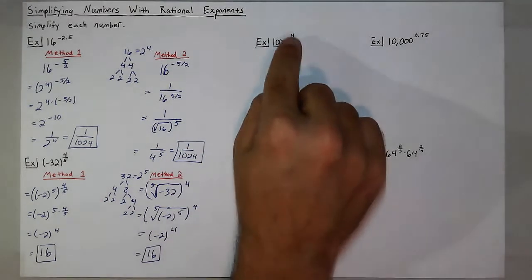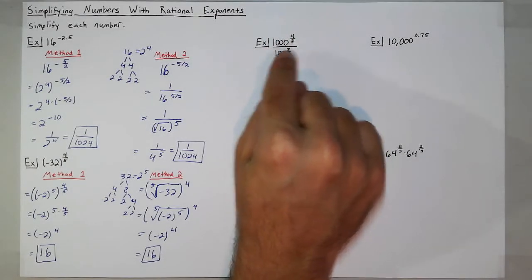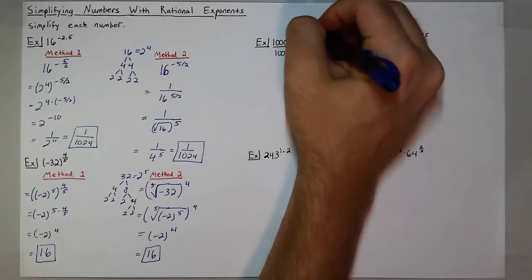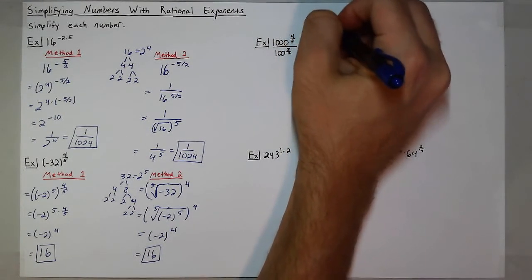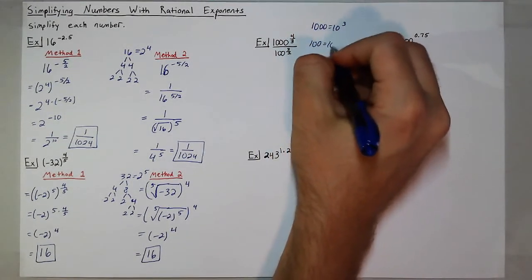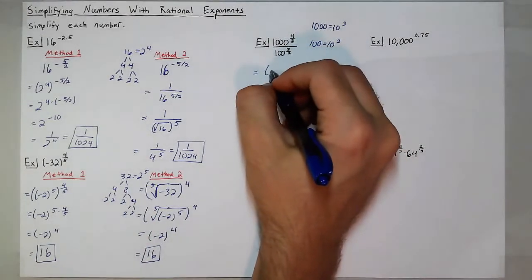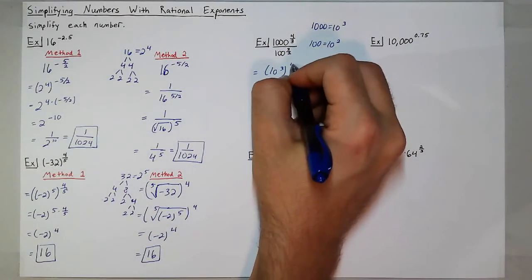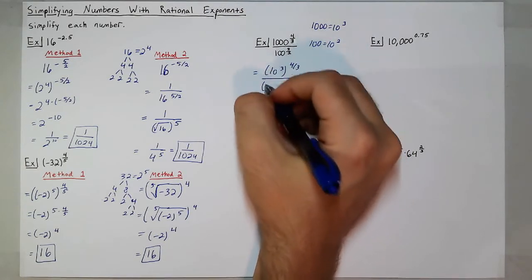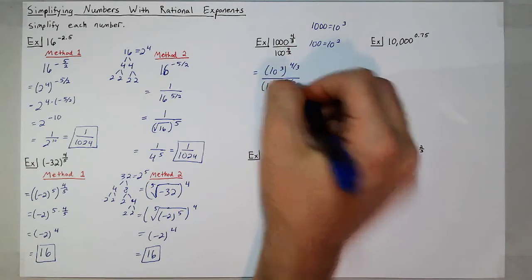Here we have 1000 to the 4/3 divided by 100 to the 3/2. 1000 is also known as 10 to the 3rd, and 100 is also known as 10 squared. So I could replace 1000 with 10 to the 3rd power raised to the 4/3, and I can replace 100 with 10 squared raised to the 3/2 power.